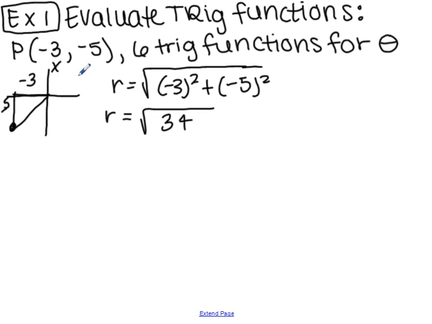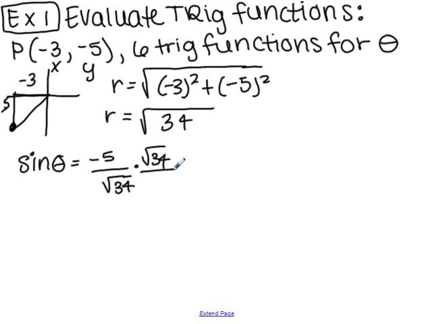I have an x, I have a y, and I have an r. So the first one is sine theta, y over r. We cannot have a square root in the denominator, so we rationalize it. And we get sine is equal to -5 square root 34 over 34.